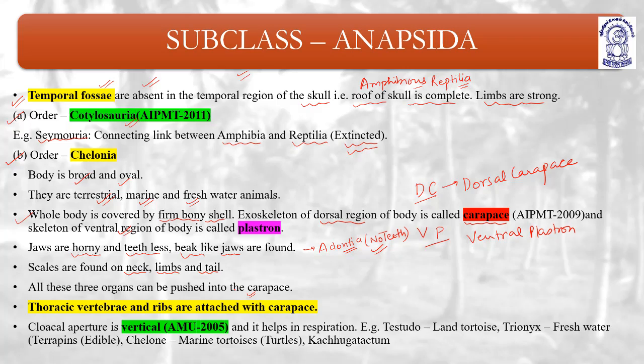Thoracic vertebrae and ribs are attached with the carapace.